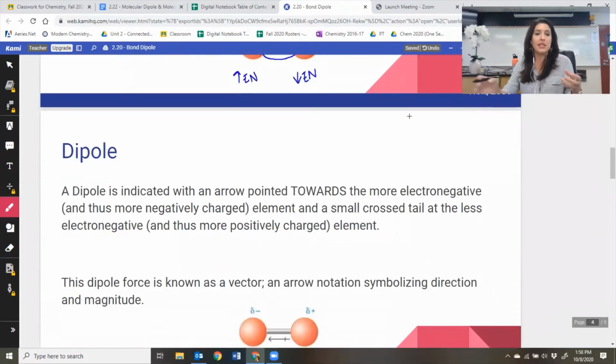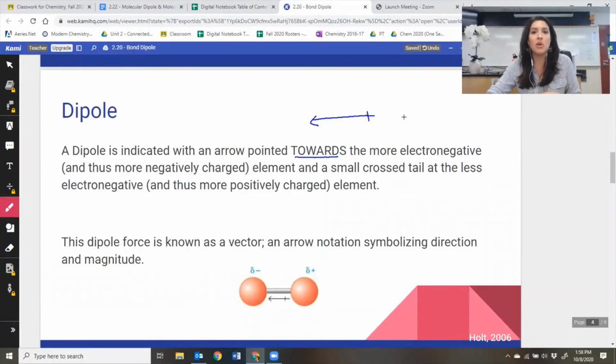Like I said, the dipole is indicated with an arrow pointed towards the more electronegative and thus more negatively charged element in a bond. You make a small crossed tail on the end of the less electronegative and therefore more positively charged element within a bond.